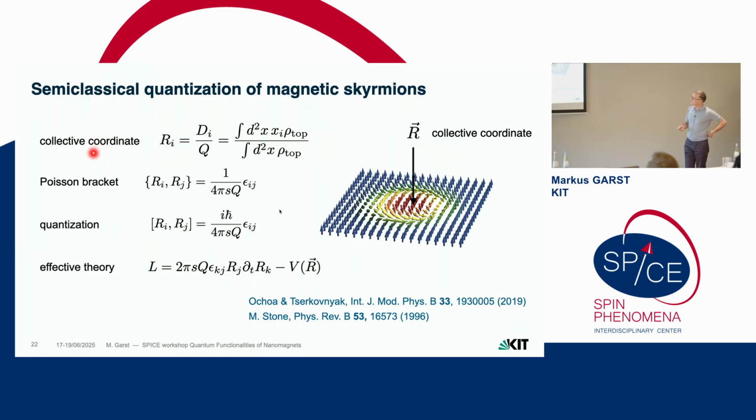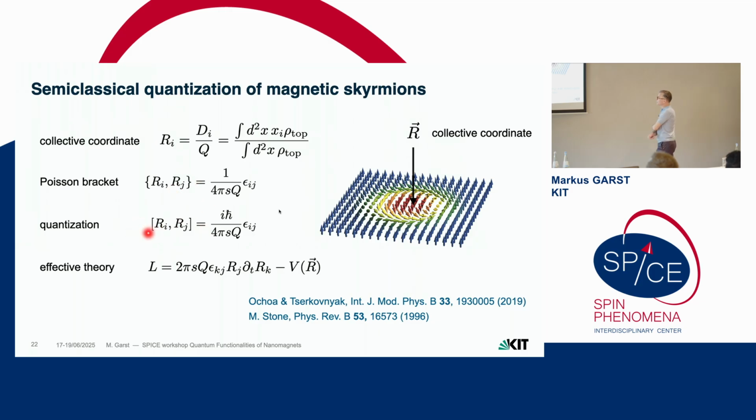So if you now say, okay, let's treat the collective coordinate, identifying that as the first moment of topological charge, then we get a Poisson bracket between the collective coordinates, which is finite for a system with finite topological charge.